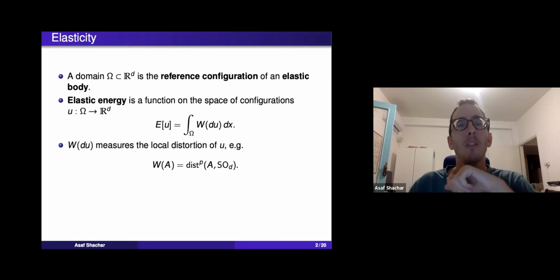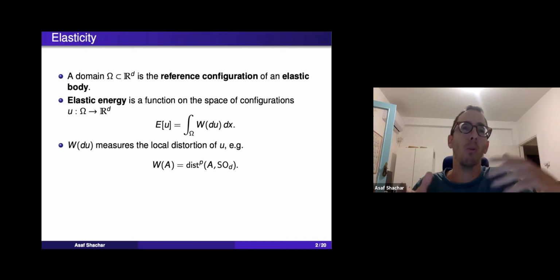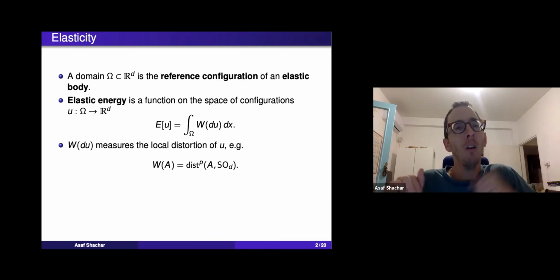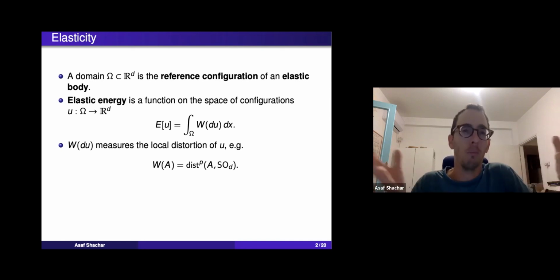And an elastic energy is a function on the space of configurations, where a configuration is just a mapping from our body omega into R^d of a certain regularity, which needs to be specified in the model.